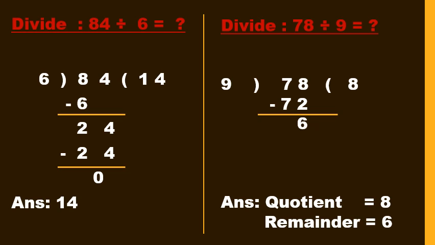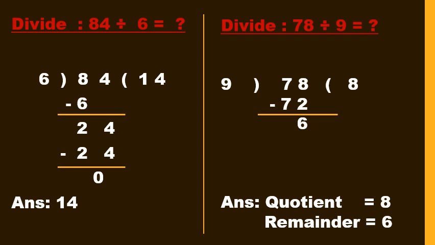We know 6 ones are 6, 6 twos are 12. So here we cannot take 12 because 12 is greater than 8 and we cannot subtract 12 from 8.